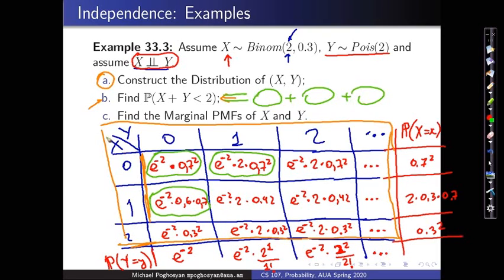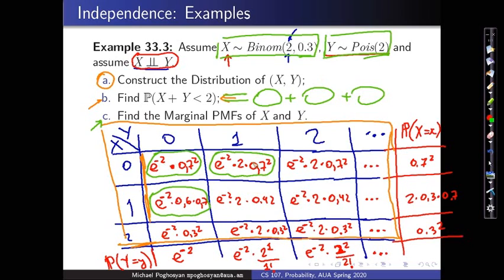And part C is saying find the marginal PMFs of x and y. But of course we have calculated, we have started from the marginal PMFs. So the marginal PMF of x will be this one, and the marginal PMF for y will be this one. You can check in fact in this way.